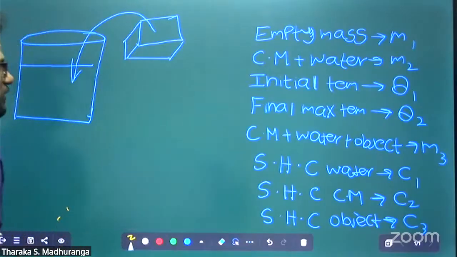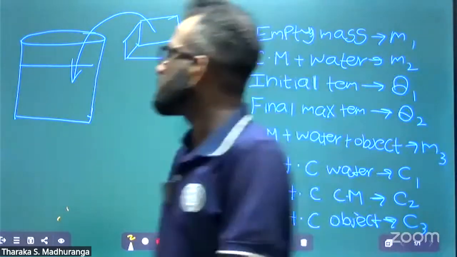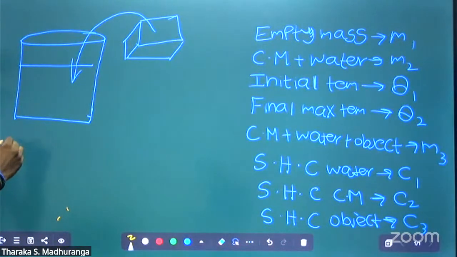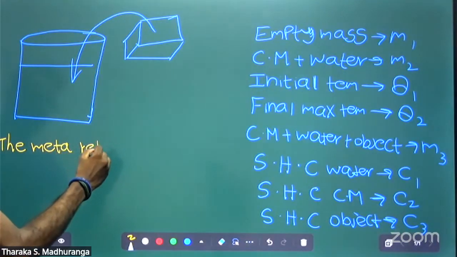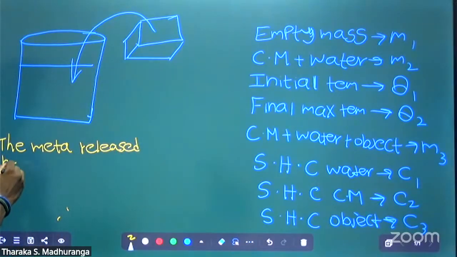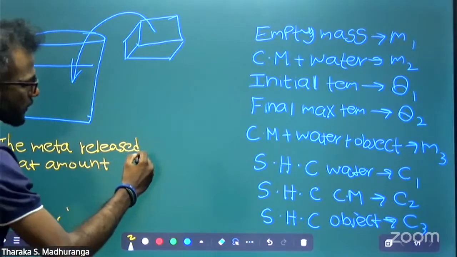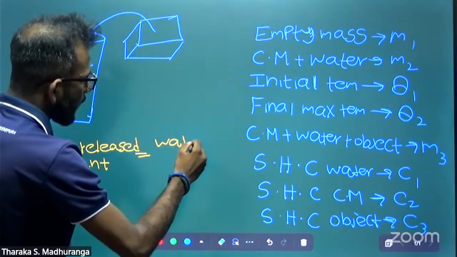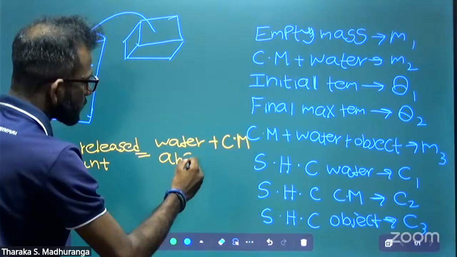In the mixture method, when it is mixing, if no heat energy is released to the environment, the heat released by the metal piece is equal to the heat absorbed by the water and calorimeter.